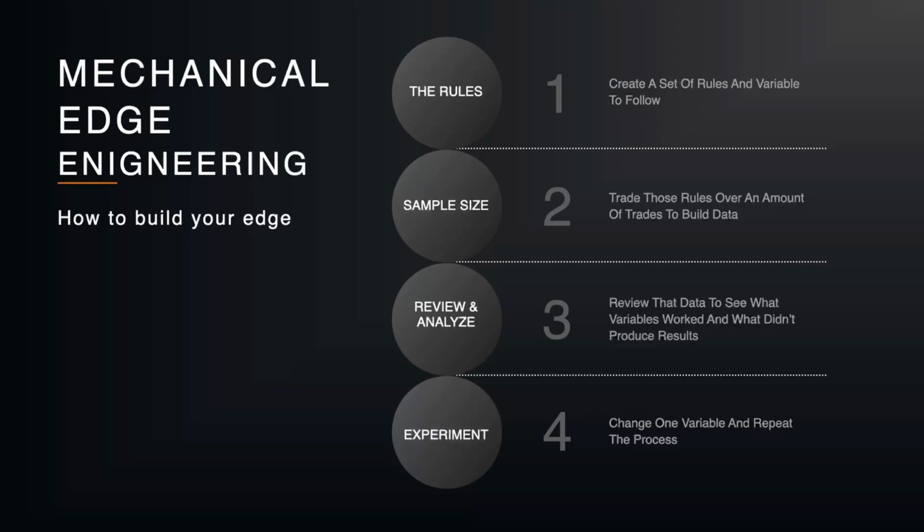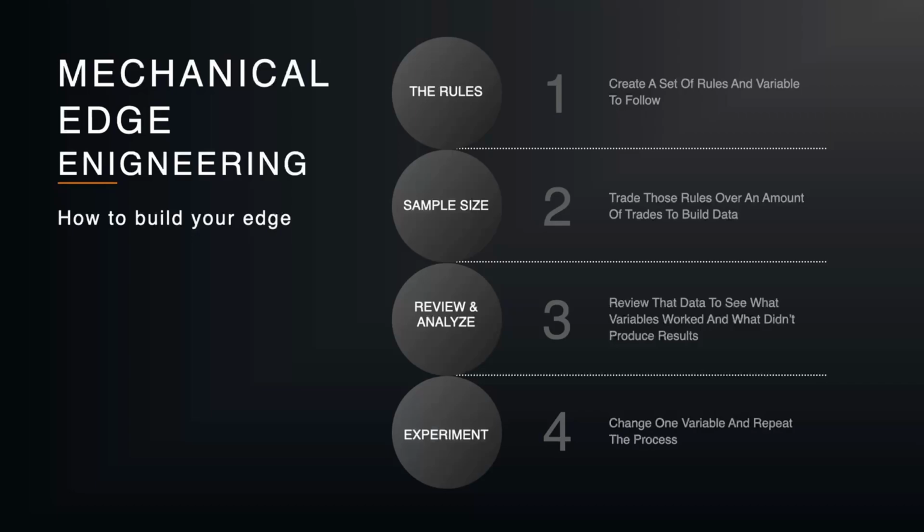And this is the funnest part of the process for me. Because you take one variable and you change it, and then you take that same sample size again. So I took 20 before, and let's say I got a 37% win rate and made $9,000 on a $100,000 account. Okay, cool.